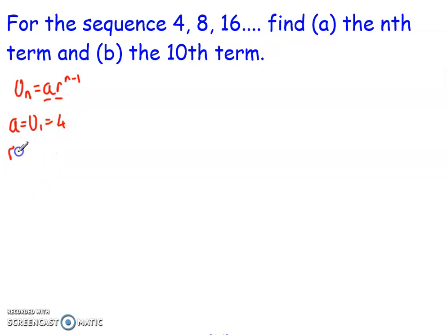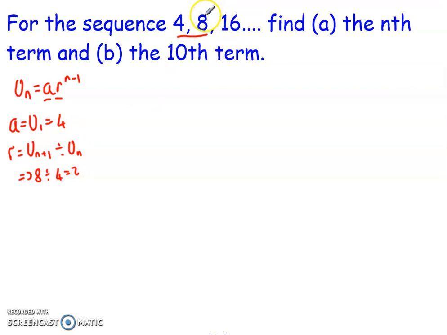Now to get r, your common ratio, we know we've got to take the next term and divide it by the previous term. Now this should work for any pair of terms that are consecutive. So for example, if I focus on the first two, u1 and u2, I get 8 divided by 4, which is 2.